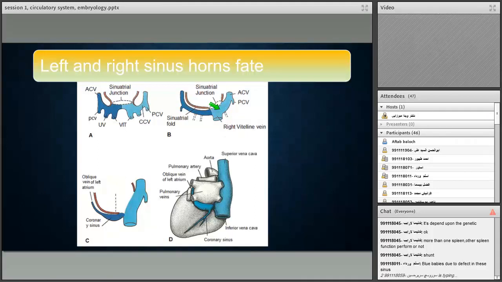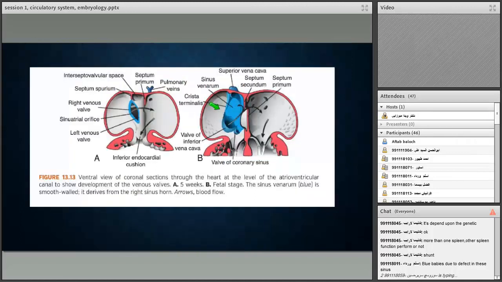Look at here. This is the right atrium and this is the left atrium. The entrance of the sinus venosus into the right atrium is called the sinoatrial orifice.